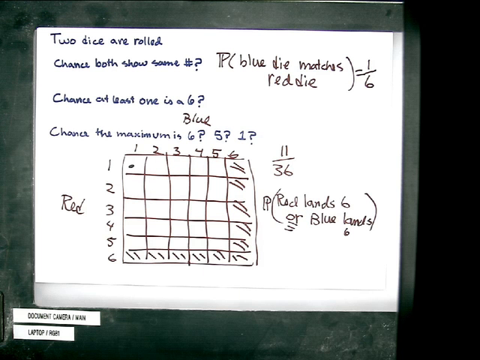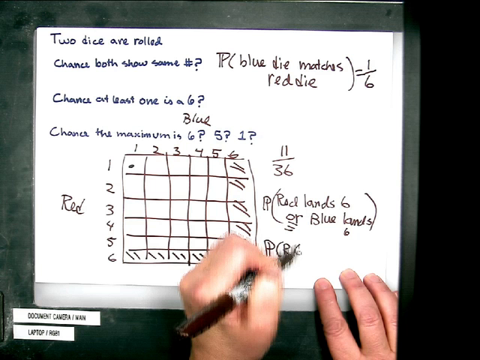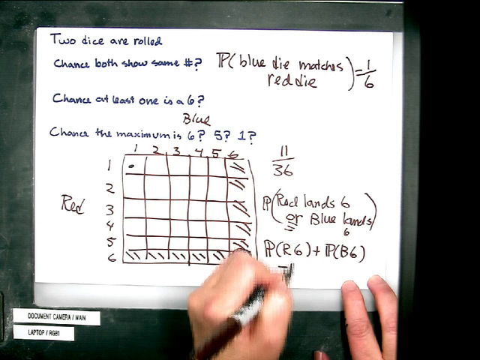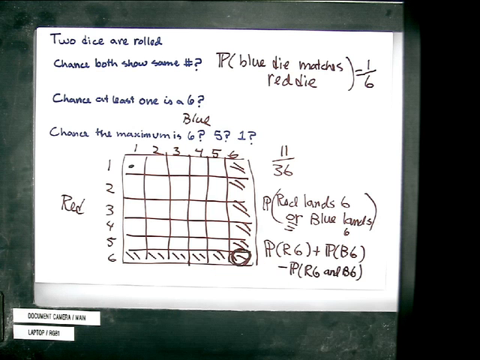So that's the probability that the red lands 6 plus the probability the blue lands 6, which is where you're headed. But I have counted now this chance twice. And so I need to subtract off the probability that the red lands 6 and the blue lands 6. And if I do that math, I get a 6th plus a 6th minus a 36th, which is 11 over 36.